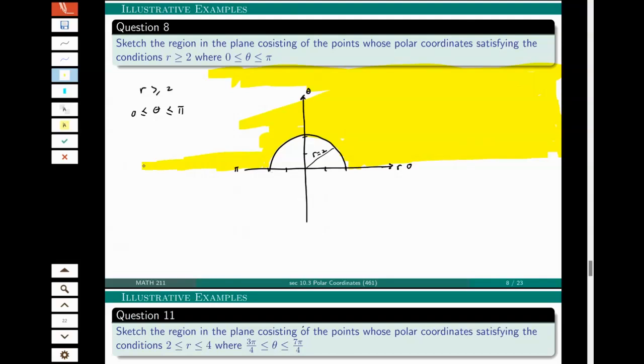So it's outside the circle in quadrant 1 and 2, in other words. That's what it means.